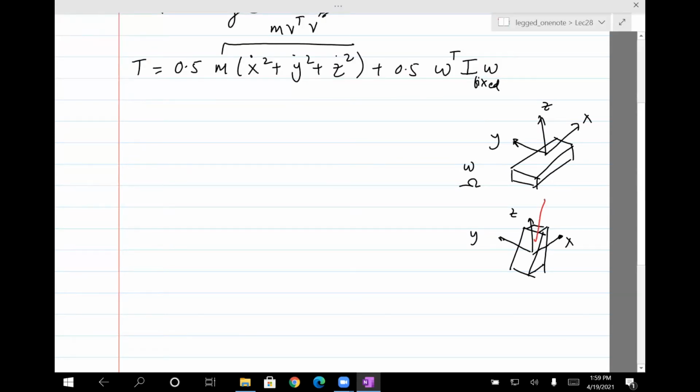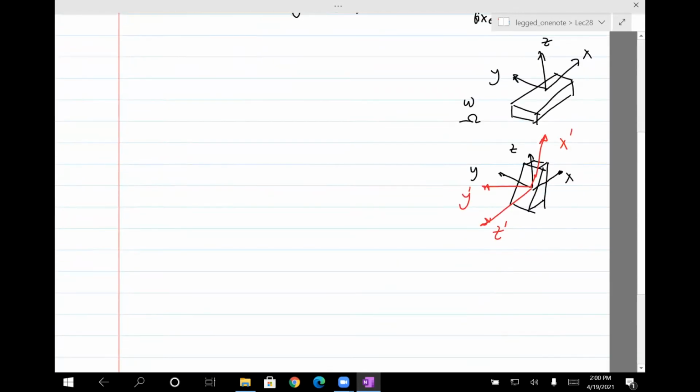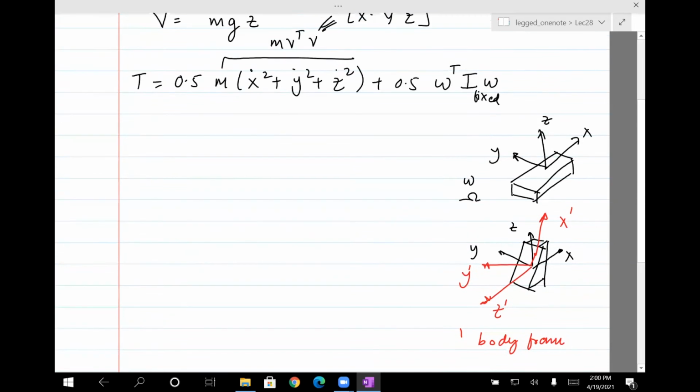Okay, now this is x prime, and then let's say this is y prime, and then z prime. So x prime, y prime, z prime is the body frame. Prime says body, and the other one is the fixed frame.